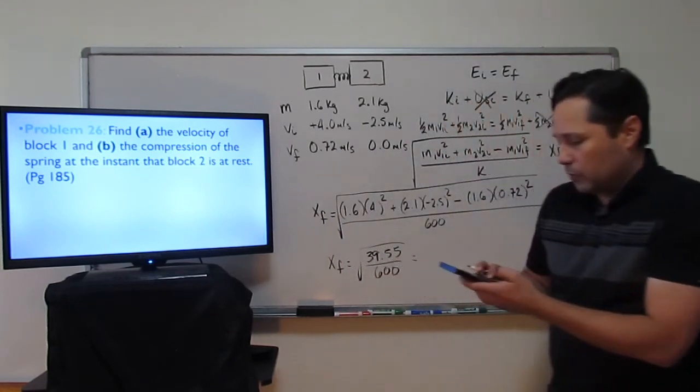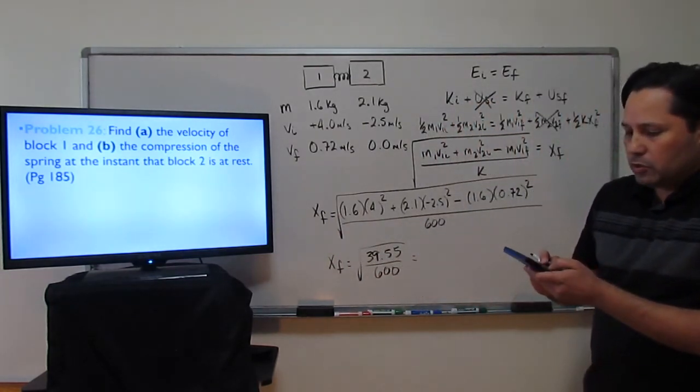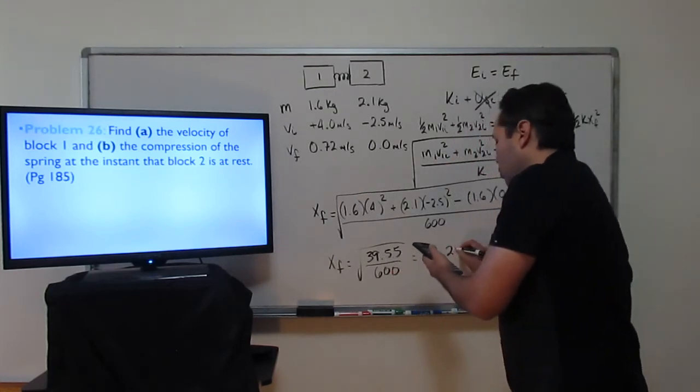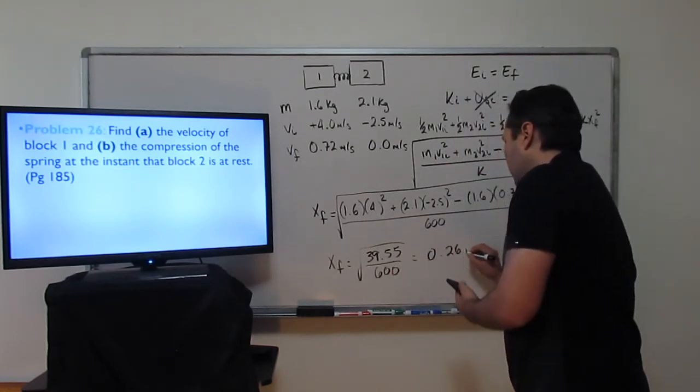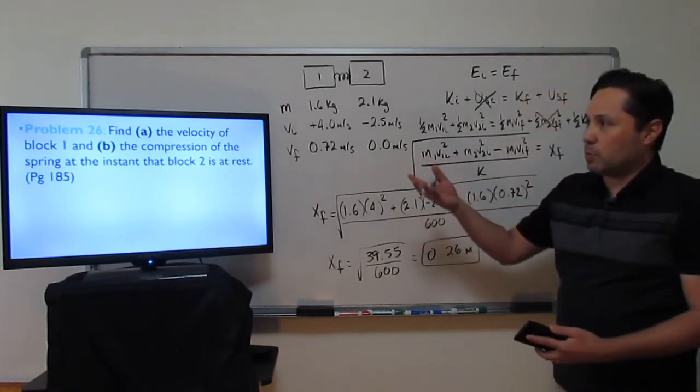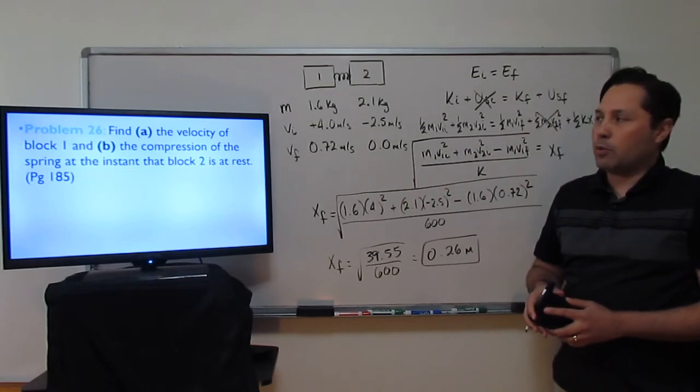So I'm going to divide it by 600, then take the square root of the answer. It gives us a compression of 0.26 meters, rounded off. Alright, and that is the compression of the spring, and that takes care of problem number 26.